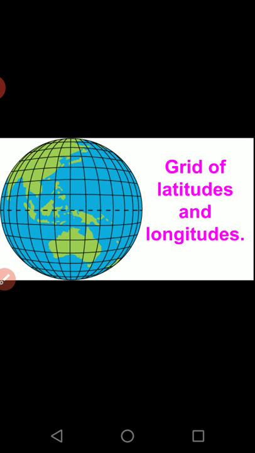So what are those two types of lines? These are latitudes, which are also called parallels, and the longitudes, which are also called the meridians. Both of them help in locating the exact place of a particular region.